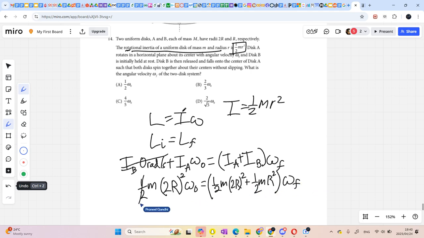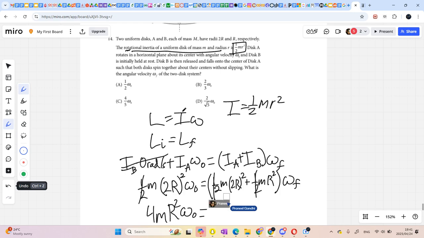We have all these 1/2s. We can just cancel them out to slightly simplify our arithmetic. So now on this side, we have 4mr squared times omega naught equals, and then in here this is going to be 4 from the 2 squared, and then plus the 1.